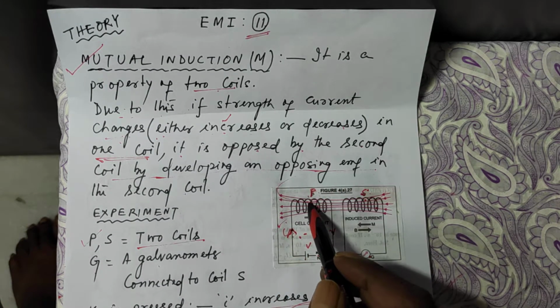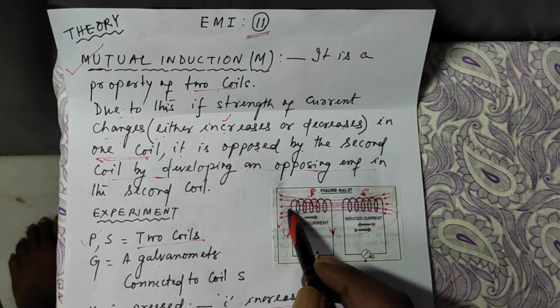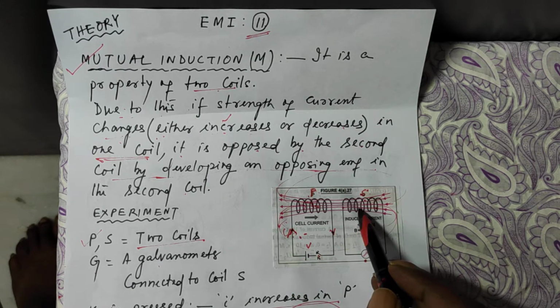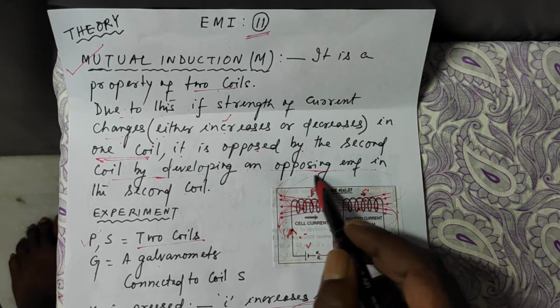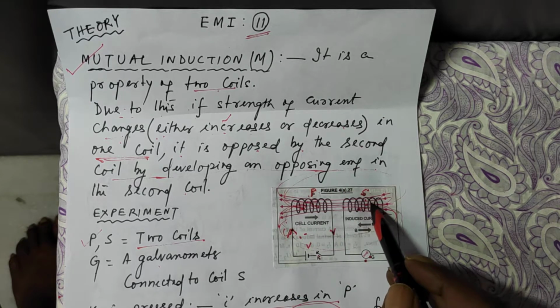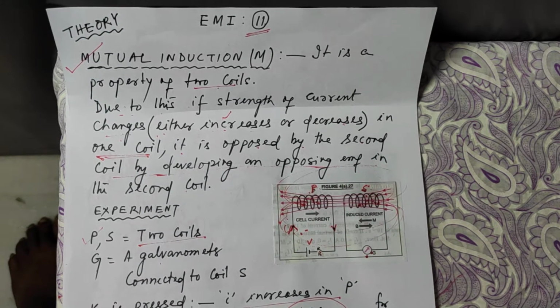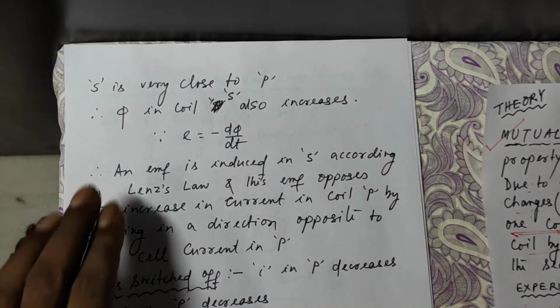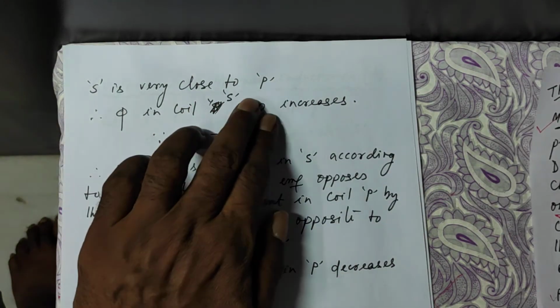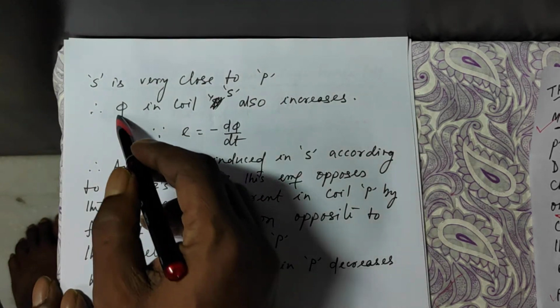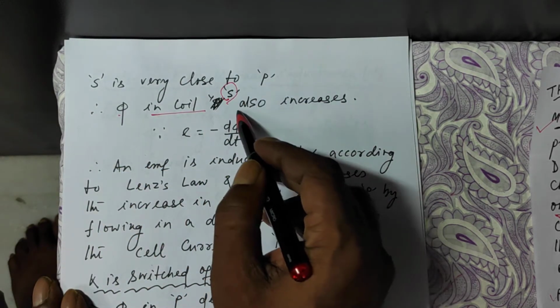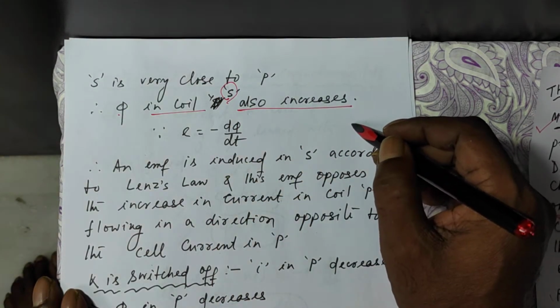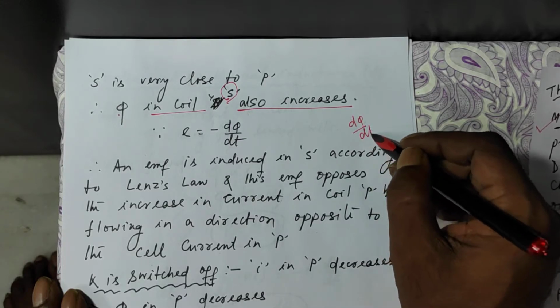The same lines of force are passing through the coil S also. So since S is very close to P, phi in coil S also increases. Means d phi by dt has a value.